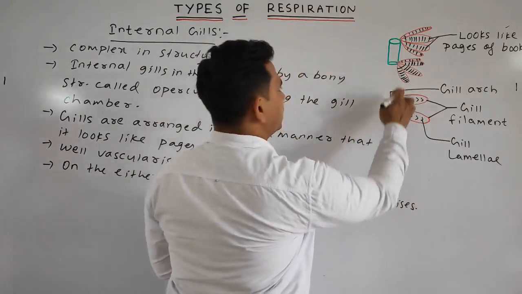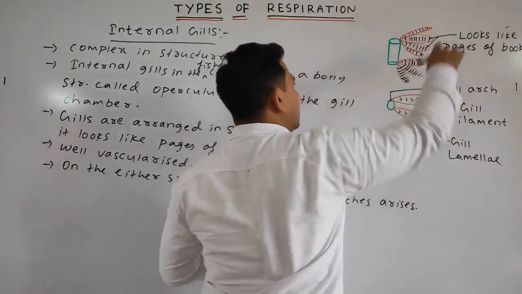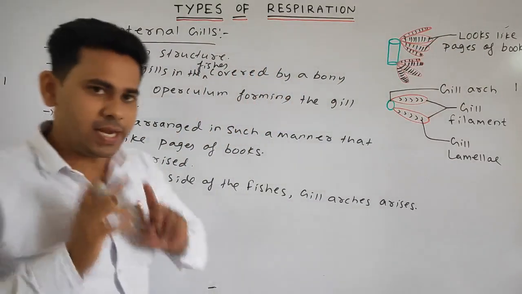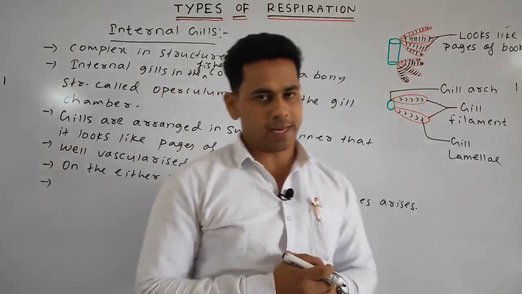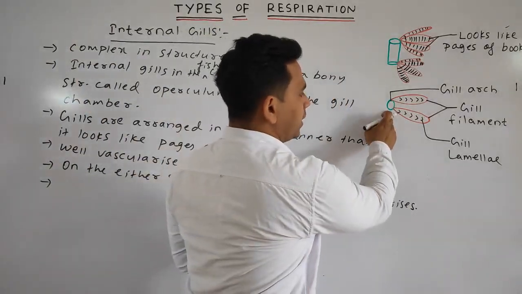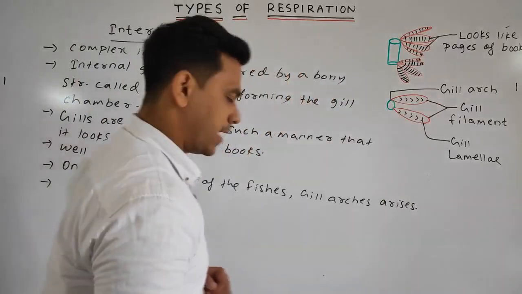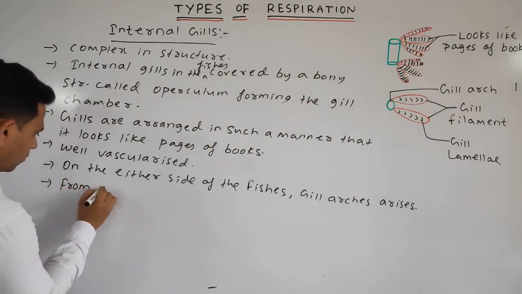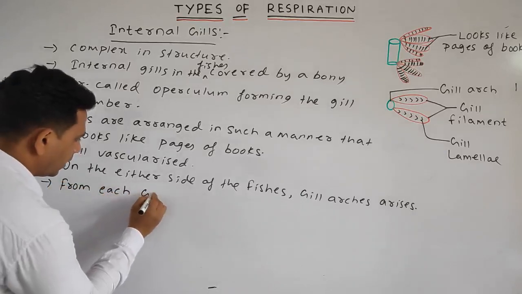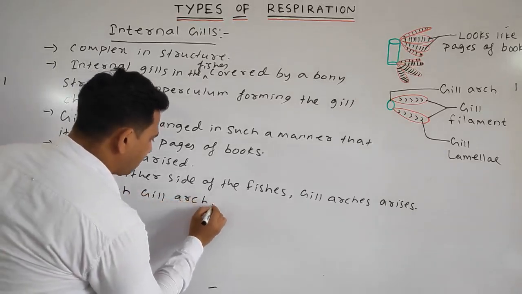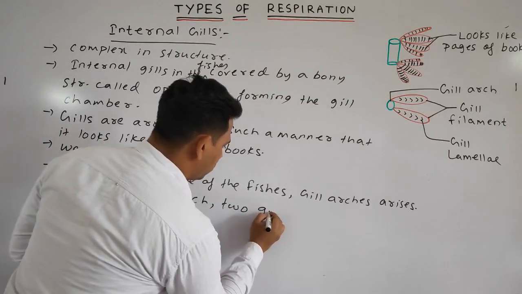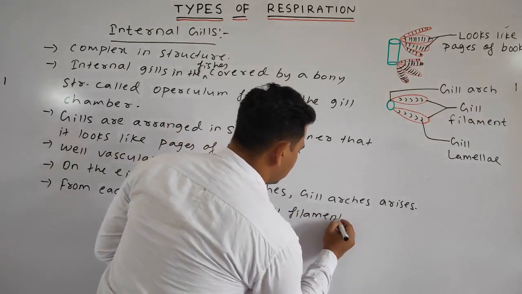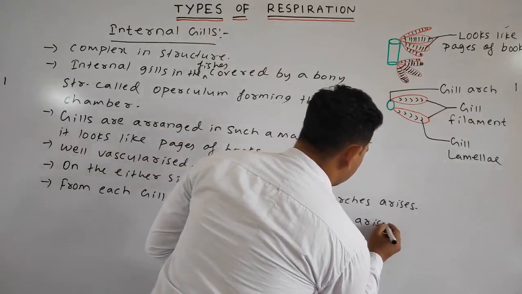Gill arcs means you can see this one, the gill arcs from which the gill filament arises. Next point, from each gill arc, two gill filaments arise. You can see here, from each gill arc, two gill filaments arise. Okay.